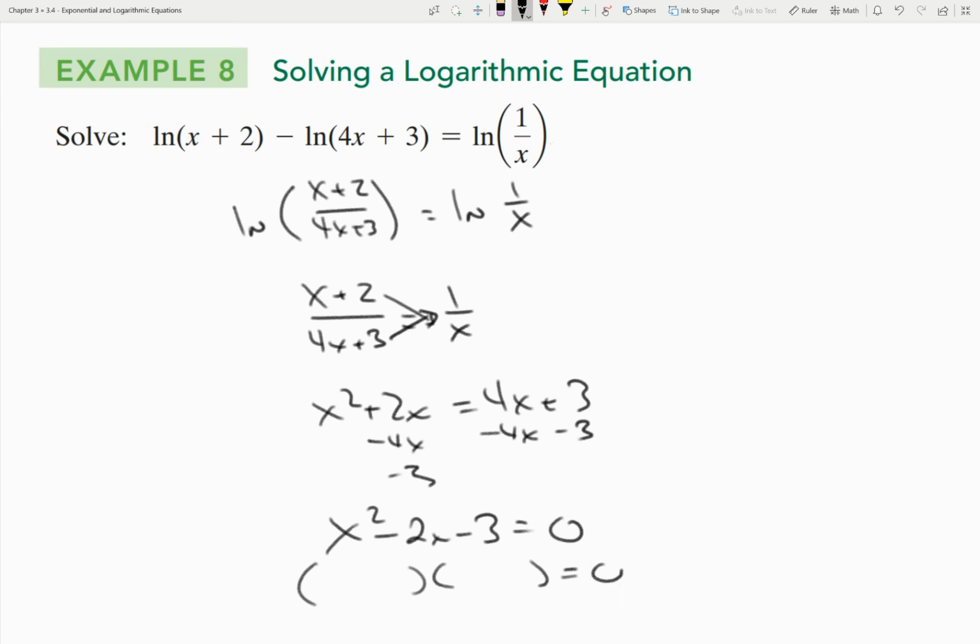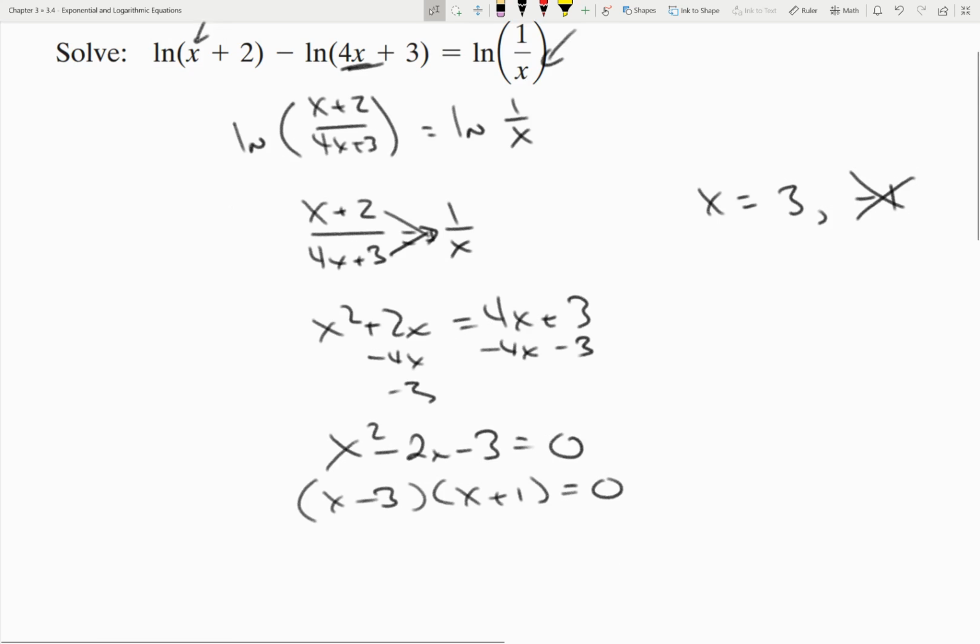Factoring this gives me x minus 3, x plus 1. So that means x is equal to 3 and negative 1. Oh, negative 1 works okay there, but it doesn't work in the second one or in the third one. So you've got to check every piece to make sure that if you are going to plug a negative in, it gives you a positive inside of the logarithm.